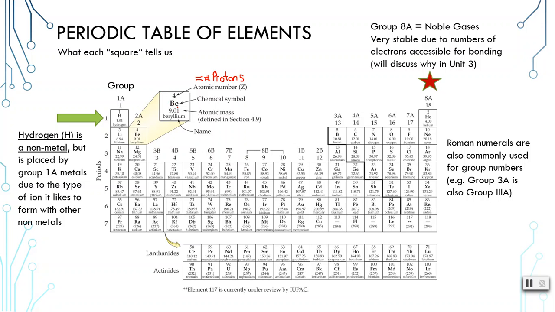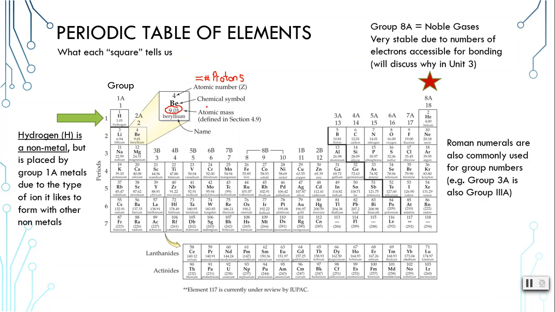The number that is below the chemical symbol is the atomic mass. The units for atomic mass for an element are AMU, which stands for atomic mass units. Surprise, surprise.